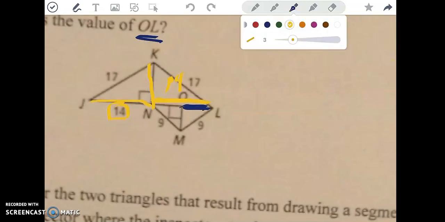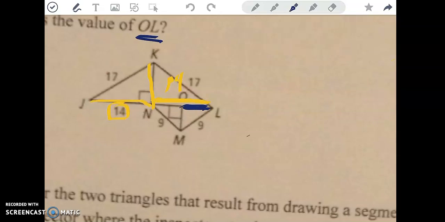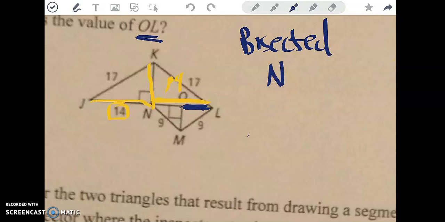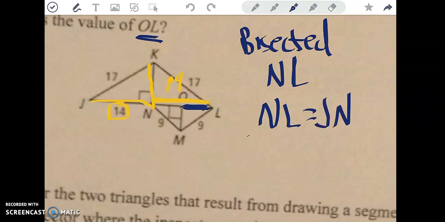Okay, so because this triangle below it is also a perpendicular bisector, it bisected the line NL. NL is equal to JN, and we know that JN is 14.